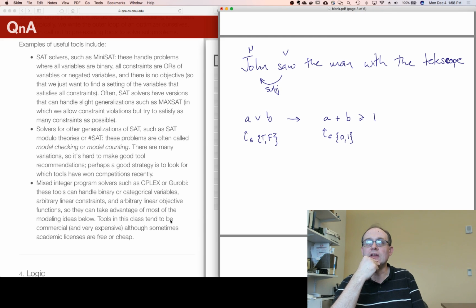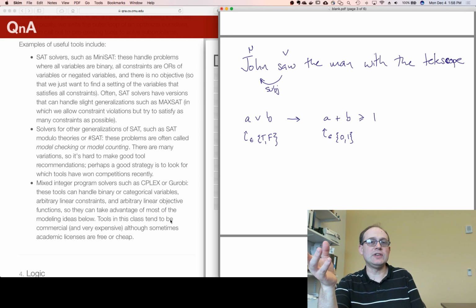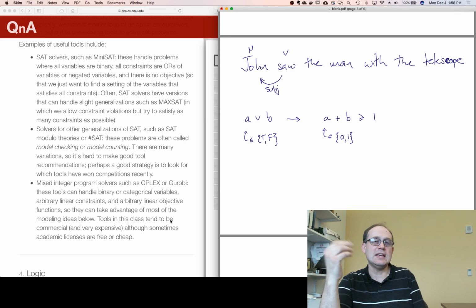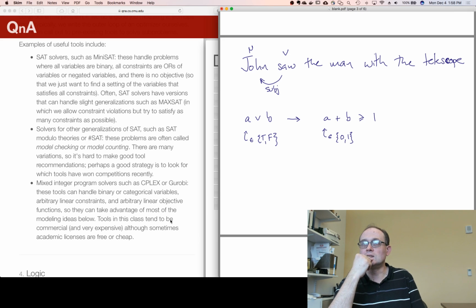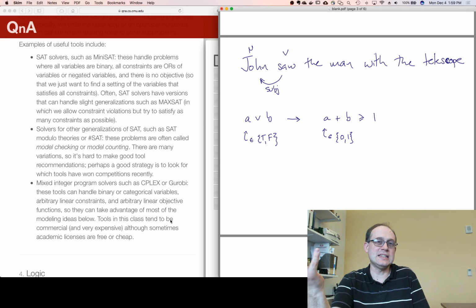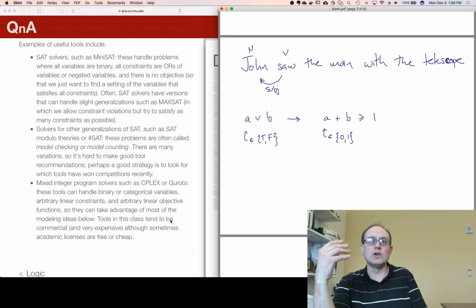If you look at competition quality SAT solvers, they'll solve problems with millions of variables, even though in the worst case, a million variable SAT problem is essentially impossible to solve. In practice, the ones that you run across are nicer than that, and the competition SAT solvers take advantage of some undefinable property of niceness of practical instances in order to solve them much, much faster than the worst case.